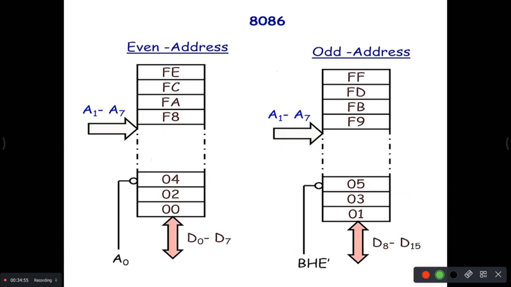See here, your lower order byte data can be read or written using even addresses, like you have done for memory interfacing. Similarly, your higher order data has to be read or written using odd addresses.